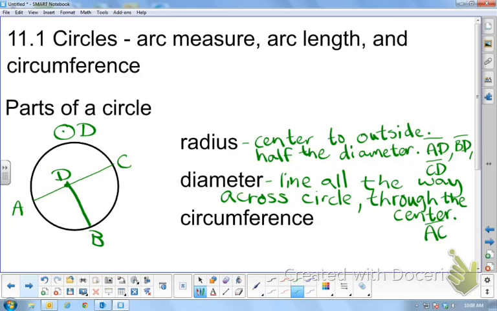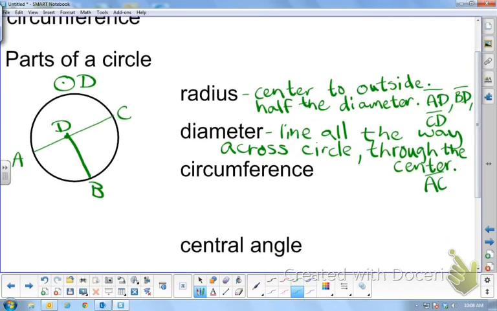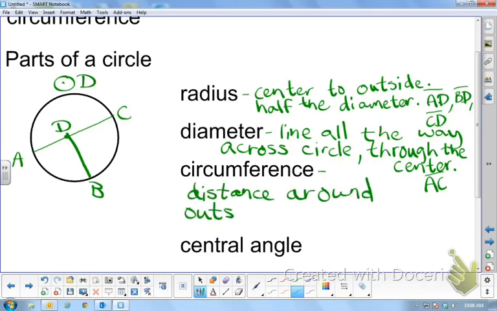What about circumference? What do we mean by the circumference of a circle? Around the entire outside. It's the distance on the outside of the circle. Does anyone remember the formula for circumference?